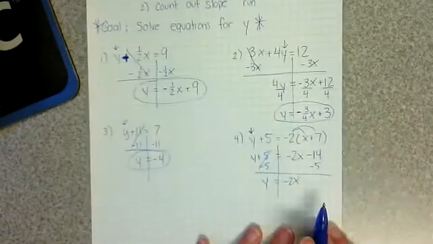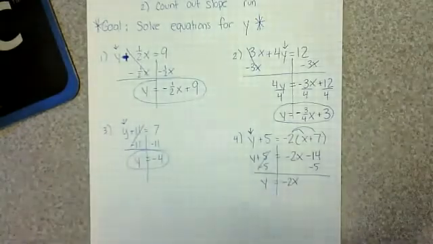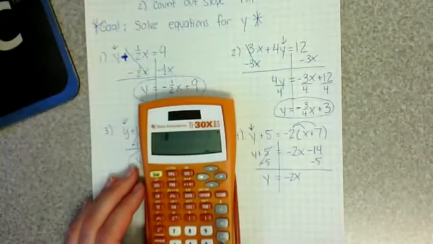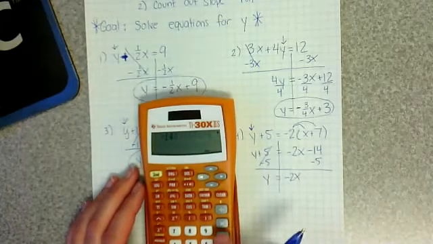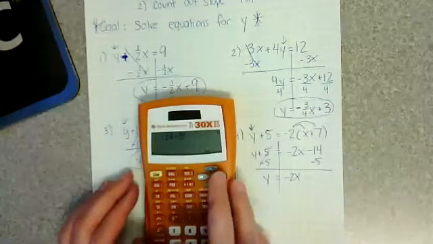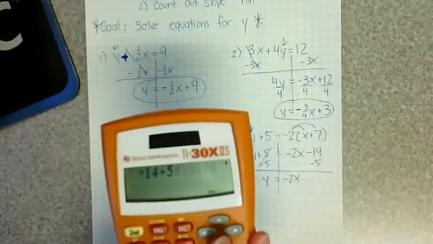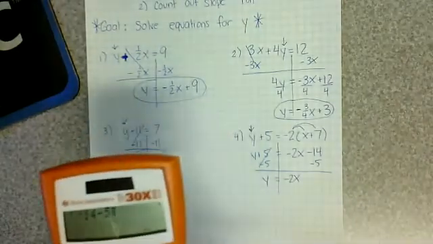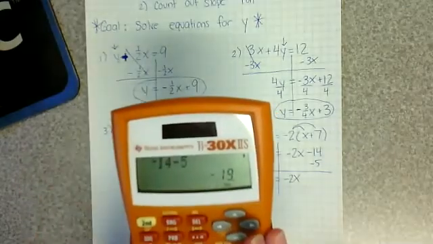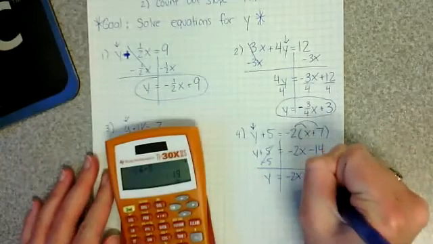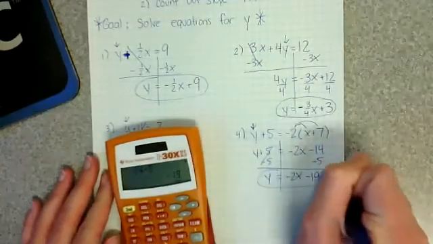Negative 2x. Negative 14 minus 5. That's how you would type it into the calculator, just like how it's on our paper. That equals negative 19. Good, Khalil. So here would be my equation.